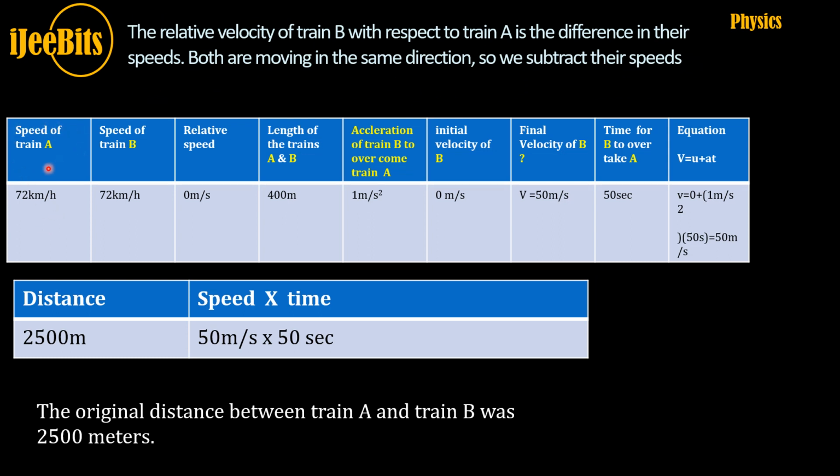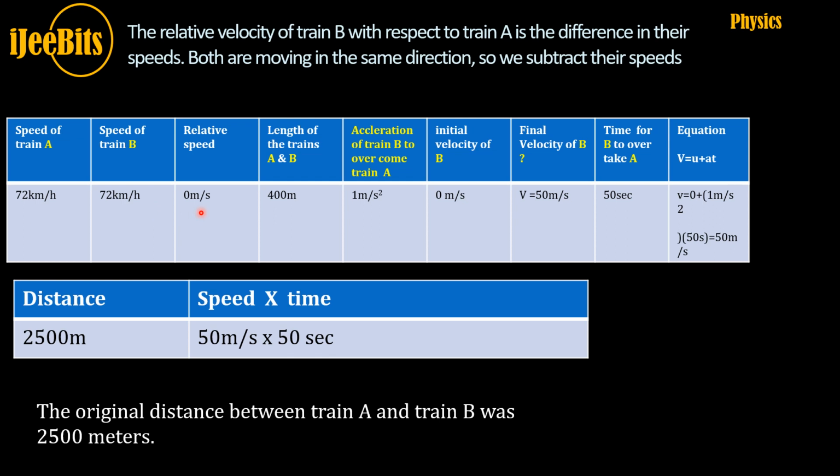Here is the data. The speed of train A is 72 meters per second. Speed of train B is also 72 meters per second. In order to get relative speed, since they are in the same direction, we subtract their speeds. 72 minus 72 is 0.